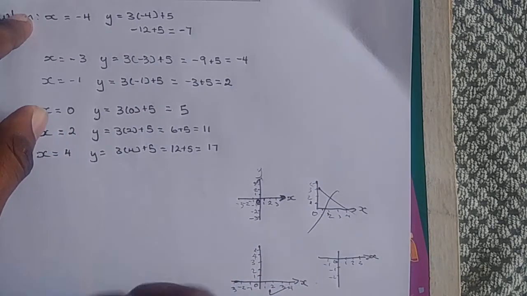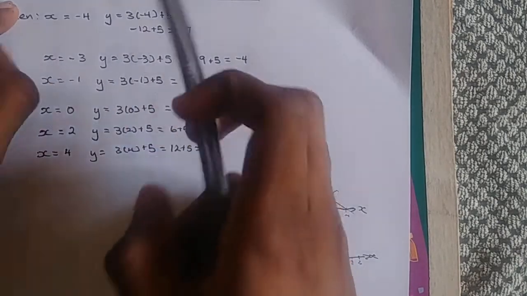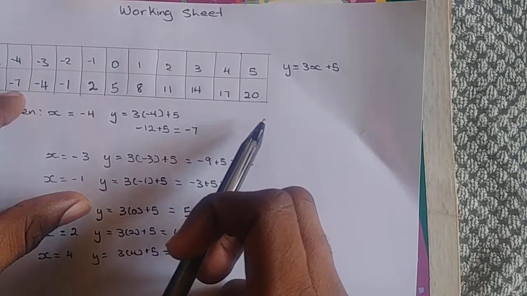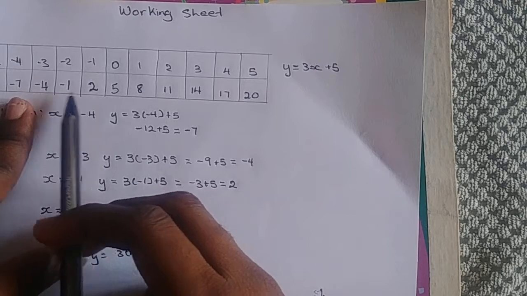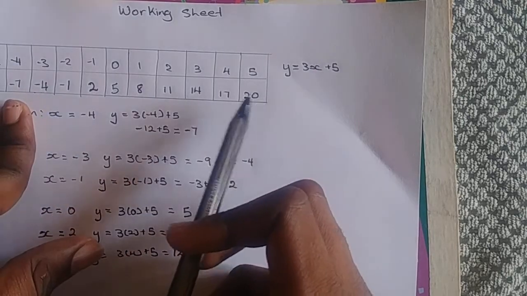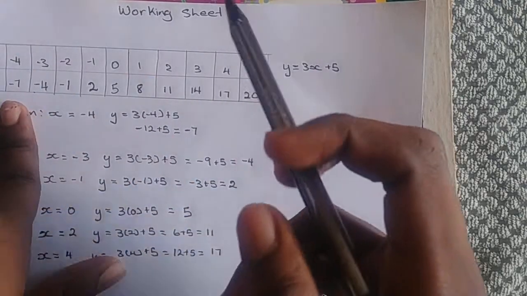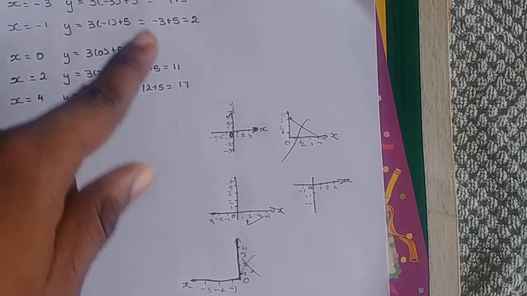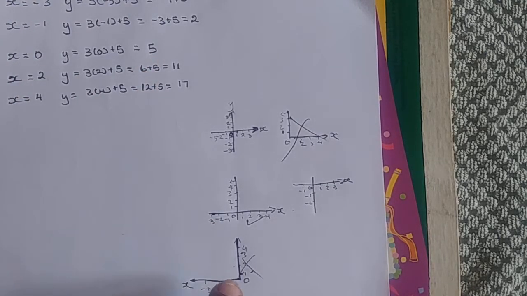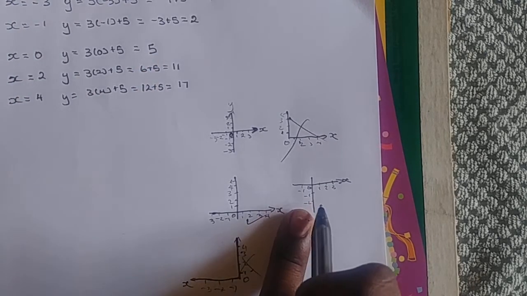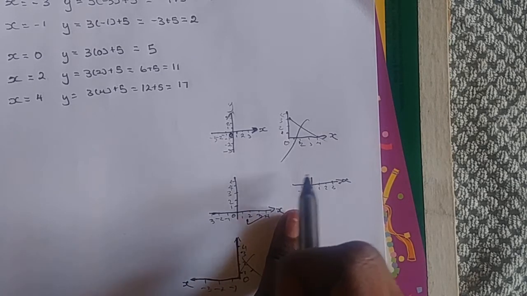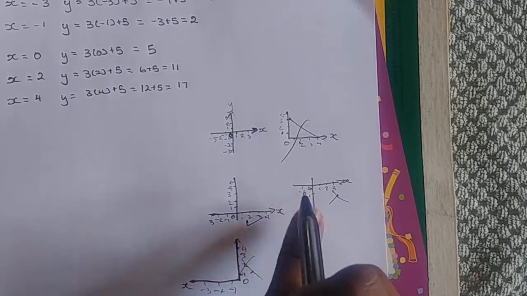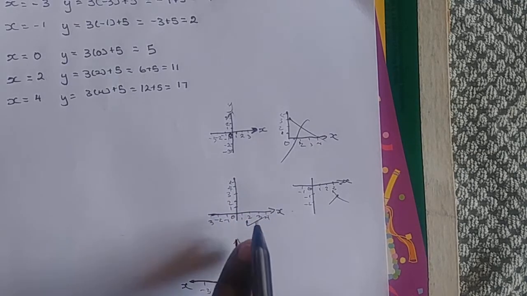Now let's look at y. Y has both positive and negative values. Negative here, and we have positive there, right? So we can't use this one, because here y only has negative values, y doesn't have any positive. Let's see, can we use this one?